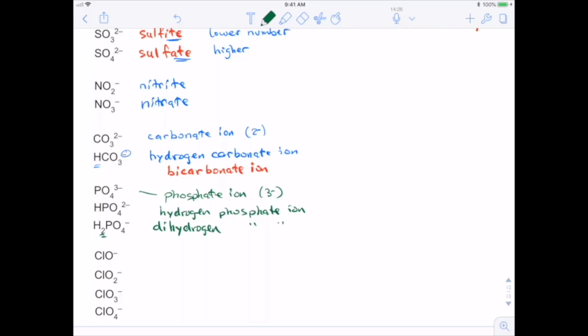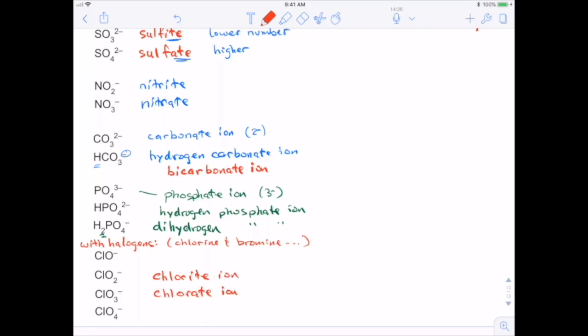You can have 4 oxygens, and you see this with the halogens, especially chlorine and bromine, where you can have up to 4. So here we have to invent 2 additional terms. We're still going to have the ite and the ate, and we're going to use those for the 2 in the middle. So this would be the chlorite ion, and this would be the chlorate ion.